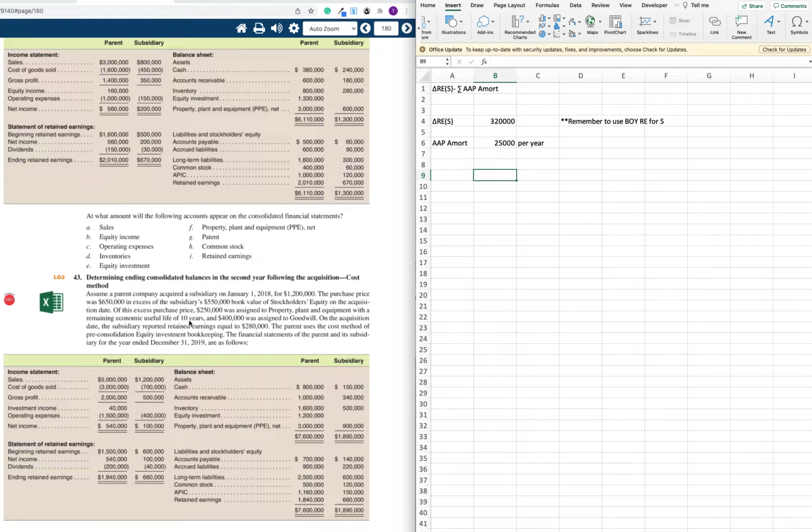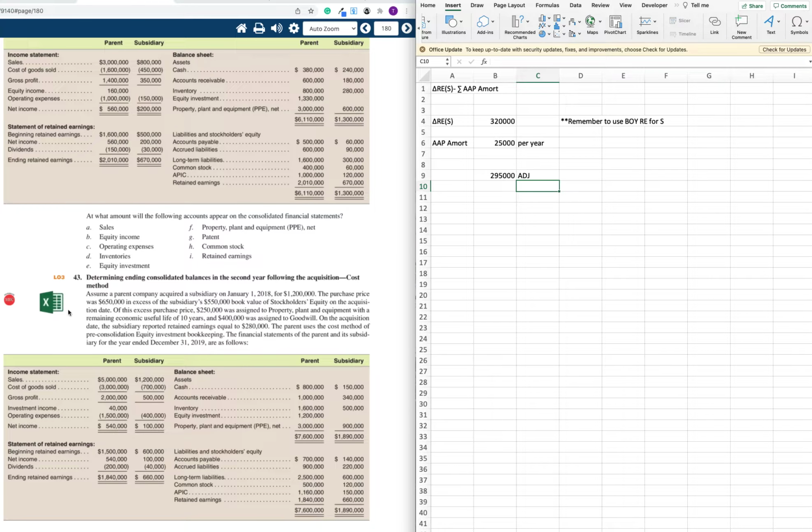And so now we can calculate this and say equals our change in retained earnings minus the sum of the amortization. And in this case, it's only the second year, so we only need to multiply that by 1. Obviously it's going to be the same number. I'm going to still do that in the formula to help identify that we're saying 1 year has passed. And so we get $295 as our adjusting entry to bring this to an as-if equity method.